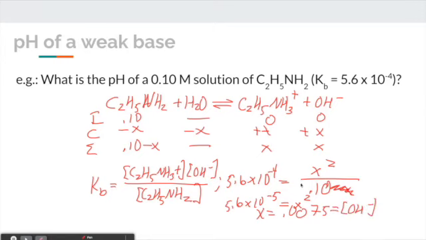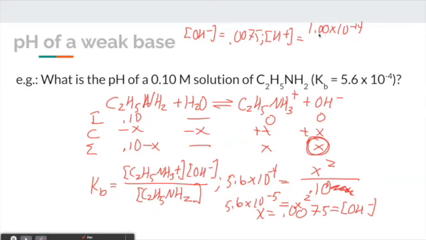That's one of the things that x means in our chart. All right, so if the concentration of OH minus is equal to 0.0075, then the concentration of H plus is equal to Kw, which is 1 times 10 to the minus 14, over that OH minus concentration.